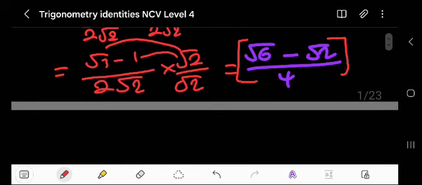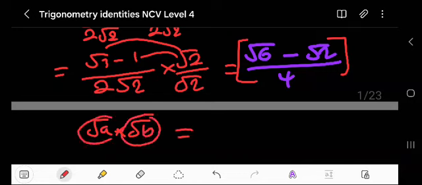Maybe you may be wondering, why do I say square root of 6? You apply this rule. Remember, if you have the square root of a multiplied by the square root of b, both of them are under the square root, you take the big square root, then you multiply what is inside the square root. So I use that law there.